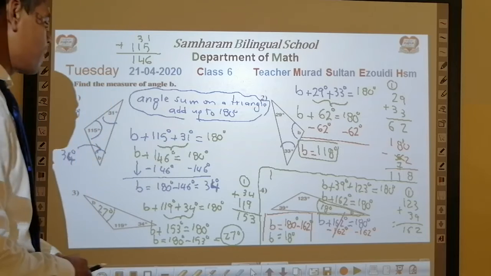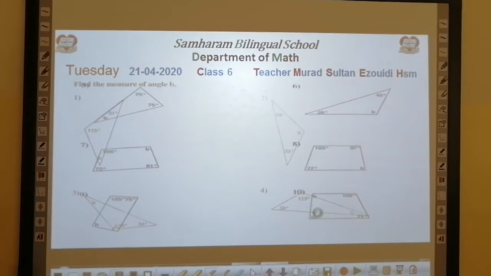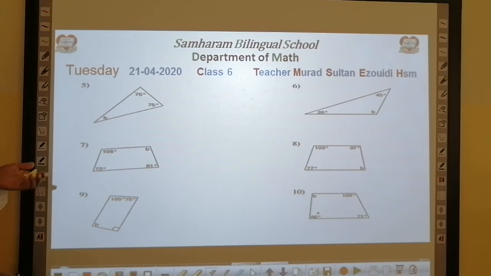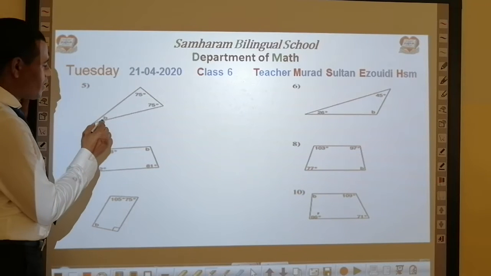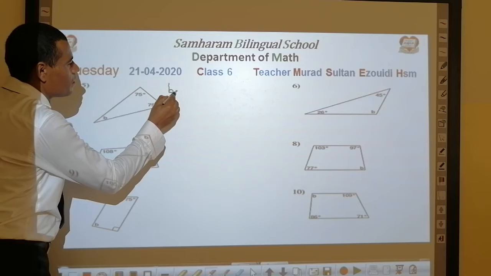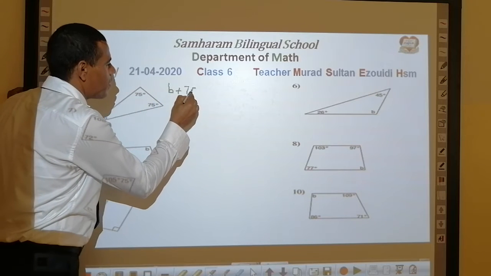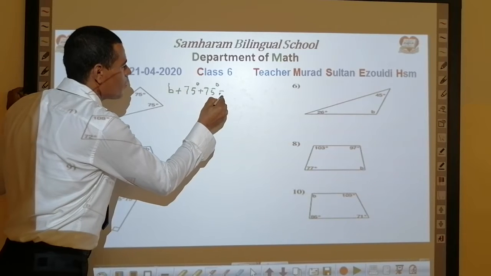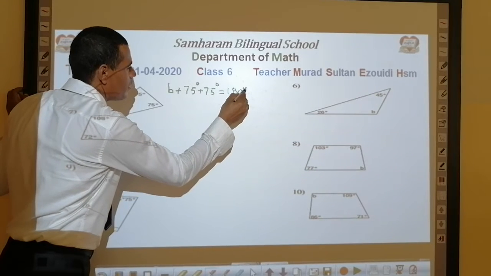Okay, the next. So here we have example number 5. I will just add b plus 75 plus 75. What does it equal? It equals 180 degrees.